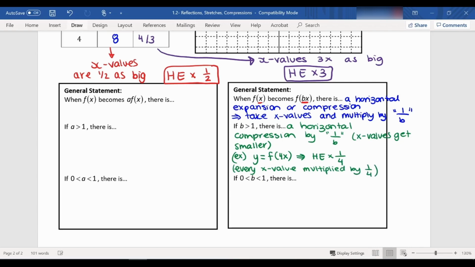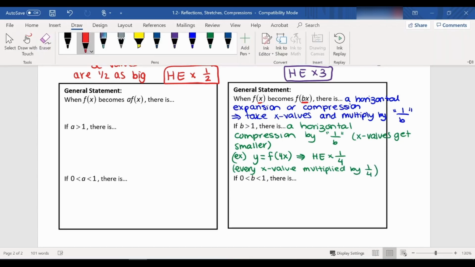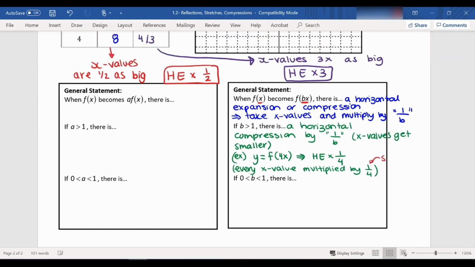Okay. And a reminder again, that's the same as dividing by 4. Okay.